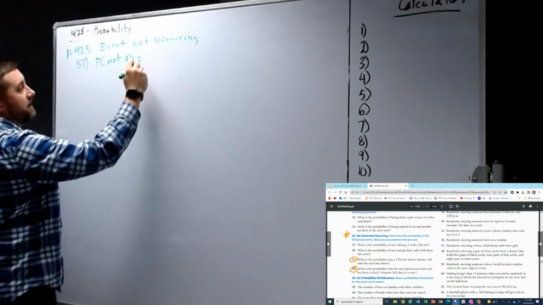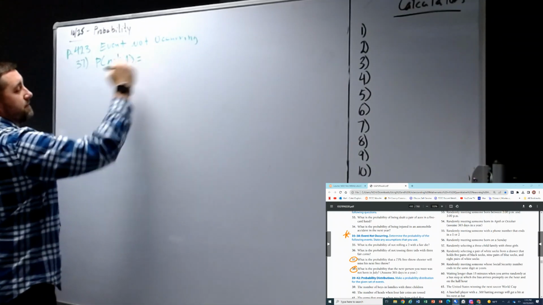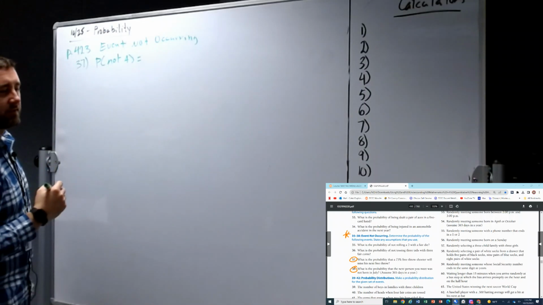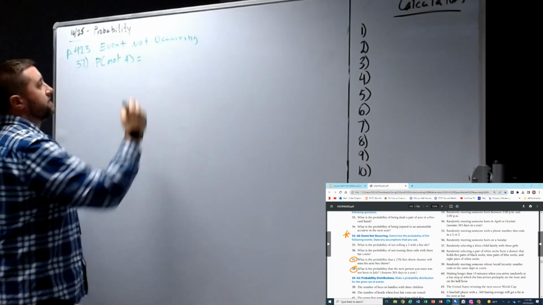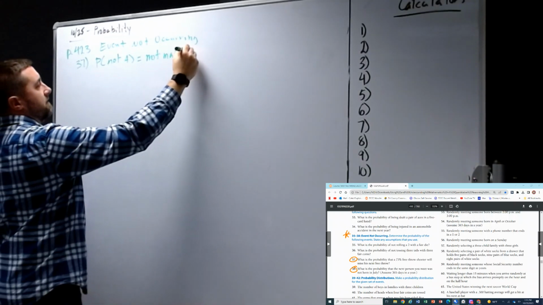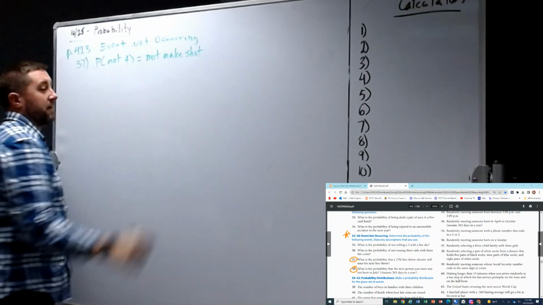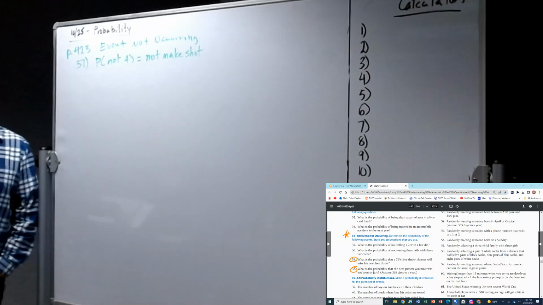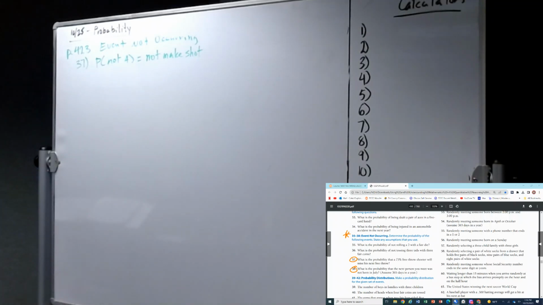is, let's see, what did it say? Probability the free throw shooter will miss his next free throw. So not make the shot. The mainstay of the event not occurring formula is that in order to find the probability of it not occurring, you have to know one very important piece of information, the probability of it occurring, right?